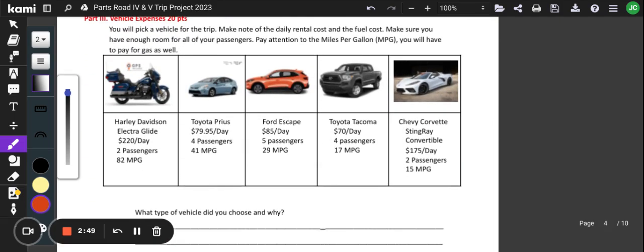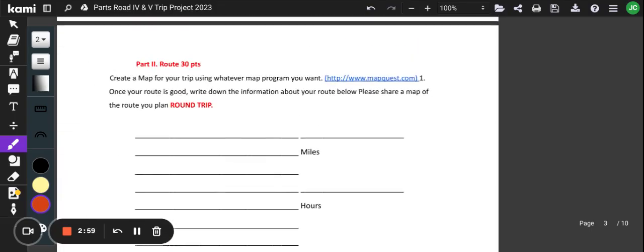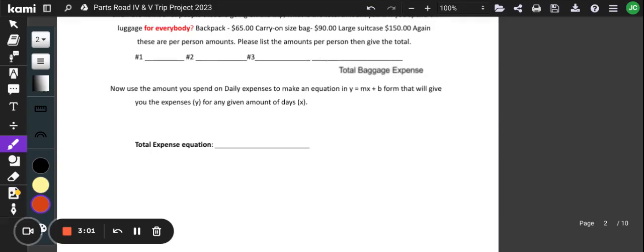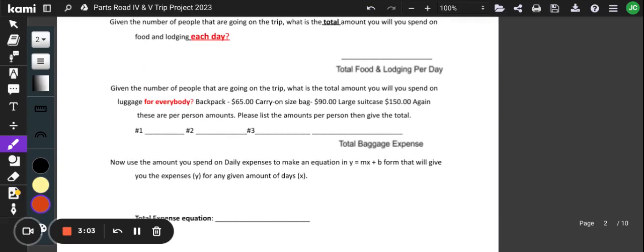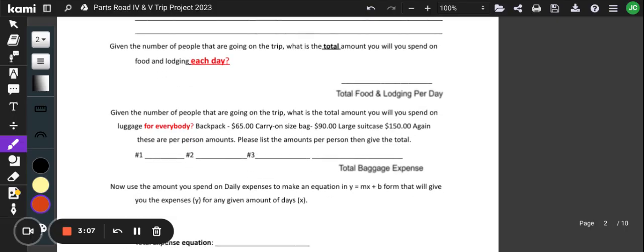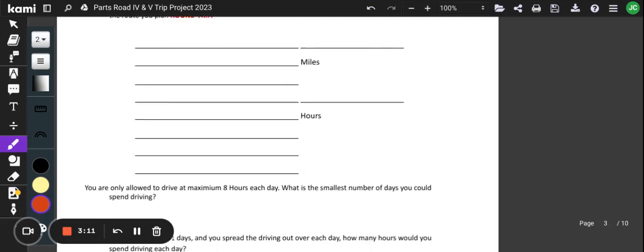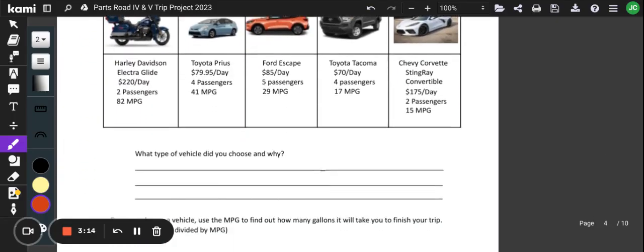Because I'm at $79.95 per day for that. And maybe not. Maybe I'll stay in a better hotel, right? So instead of $220 a day, let's say I'm going to spend $250. All right. So let's go back here.